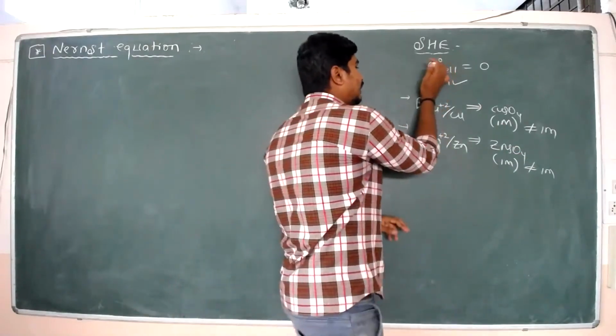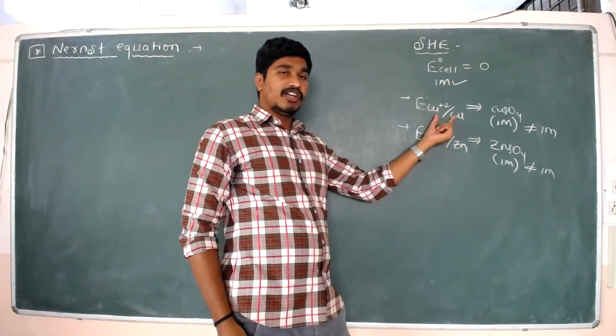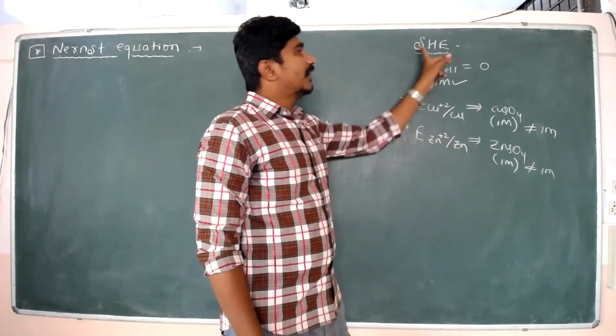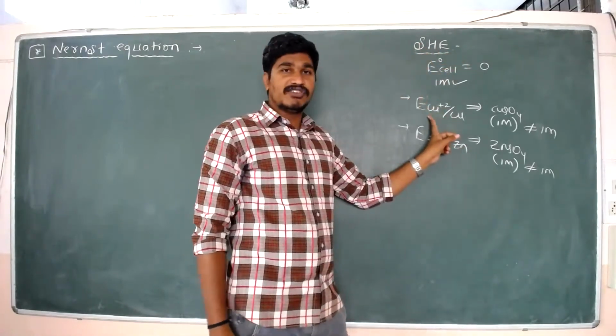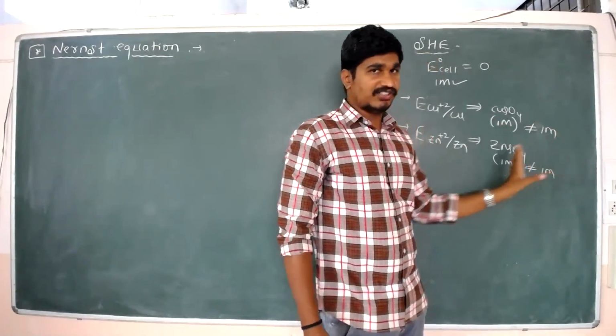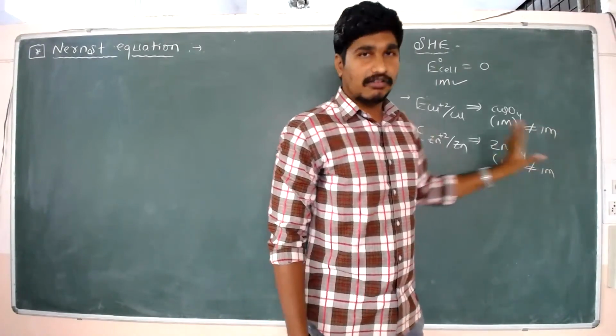Now it is not standard. Now it will be only electrode potential, for the copper half cell and for the zinc half cell. It should not be connected with the SHE, because here there is no standard, as the concentration is changing from 1 M to any other concentration.